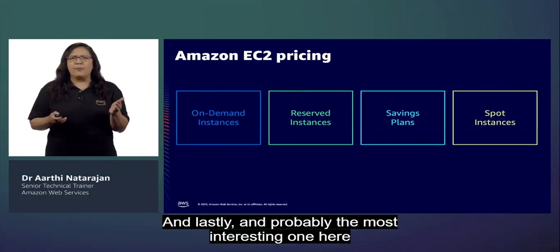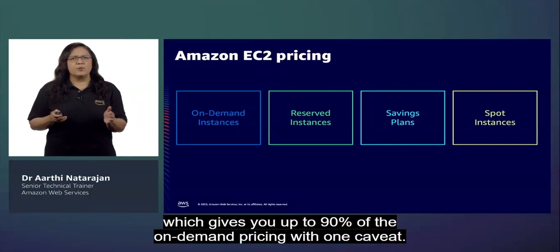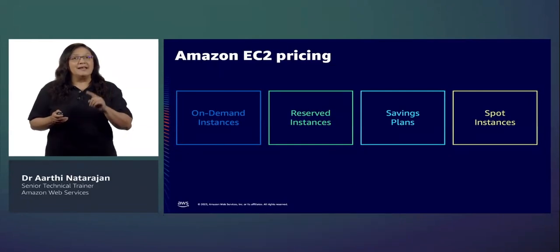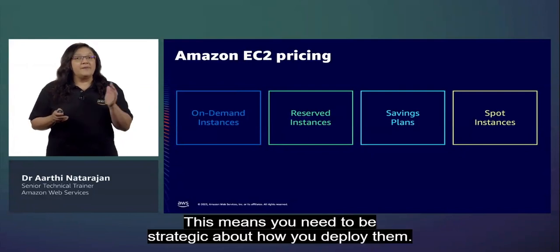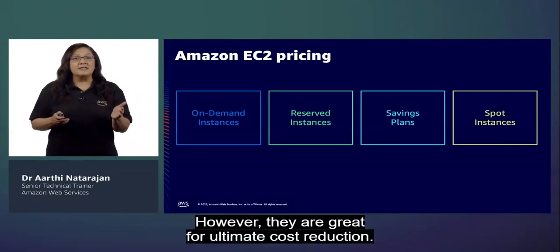And lastly, and probably the most interesting one here, is spot instances, which give you up to 90% off the on-demand pricing with one caveat. Spot instances are not guaranteed to run permanently. This means you need to be strategic about how you deploy them. However, they are great for ultimate cost reduction.